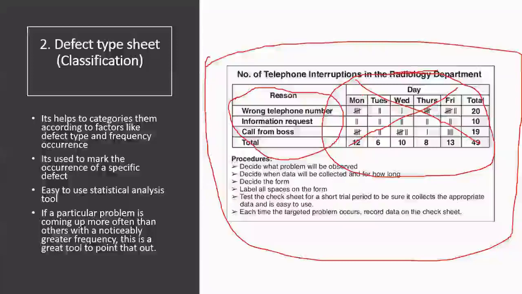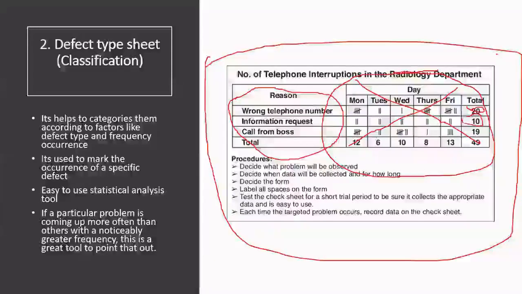Defect type sheet. It helps to categorize them according to factors like defect type or frequency of occurrence. Here they get a chance to recognize the frequency, the number of times.